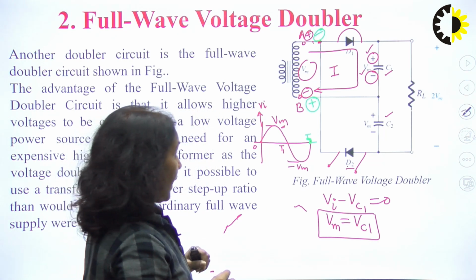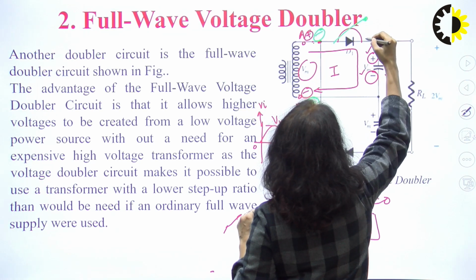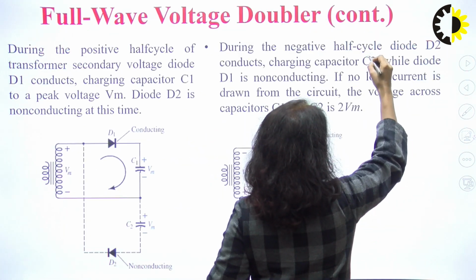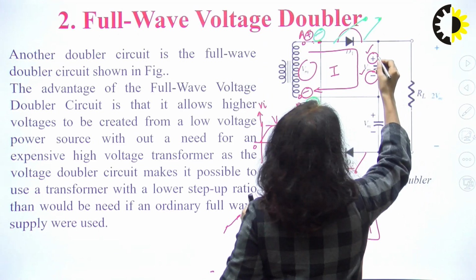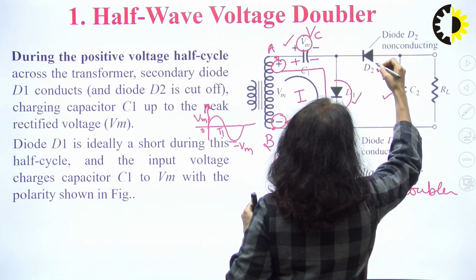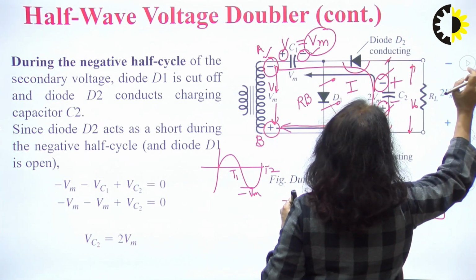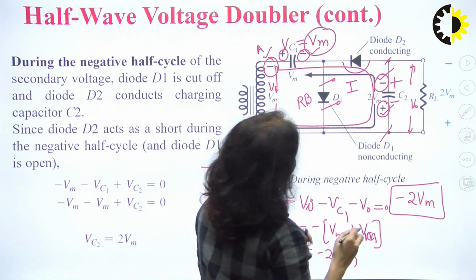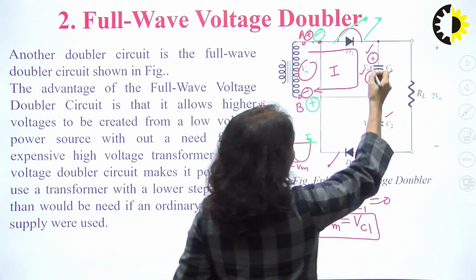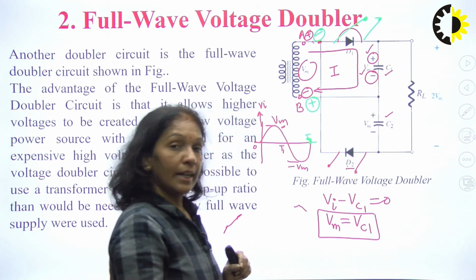So, because of that, the diode D1 will be reverse biased, because this positive and this negative will make diode D1 reverse bias.